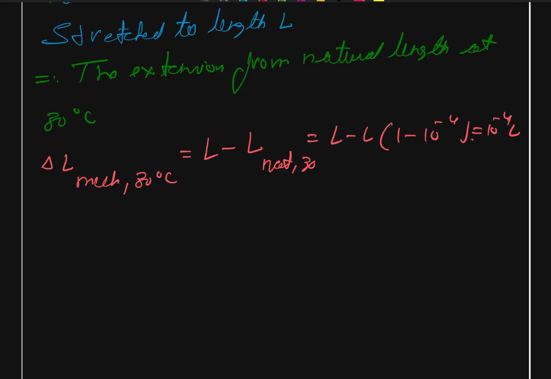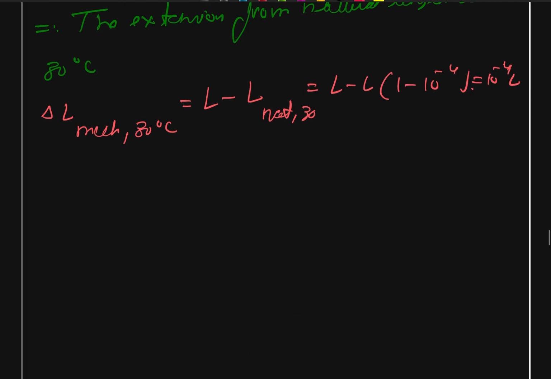And this extension we know is caused by the Young's modulus. Therefore, we can write that delta L mechanical at 30 degrees centigrade will be equal to mgL divided by area times Y, and this equals 10 raised to power minus 4 times L. Here L and L cancel out.